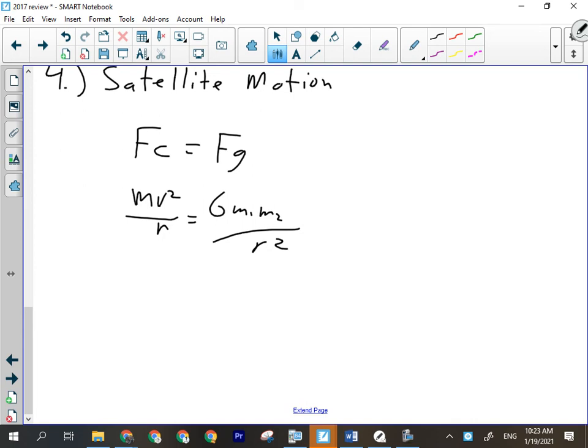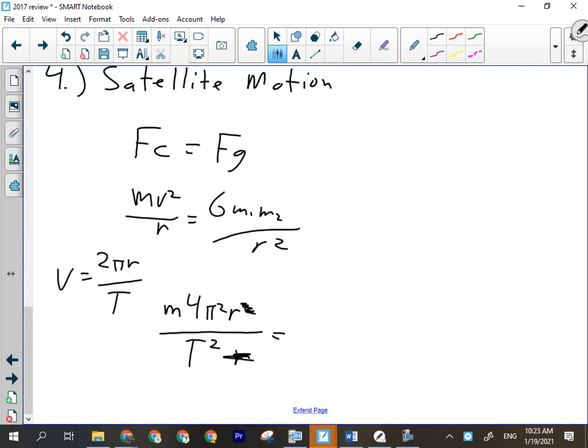Remember that in this situation we had to sometimes substitute in for V. We had to say that V is 2 pi r over T. Then you would have to substitute this in for V squared, which means you square the whole thing and plug it in there. So you would have m 4 pi squared r squared over T squared times r. This r and that will cancel, and then I'm back to this, G times m1 times m2 over r squared.